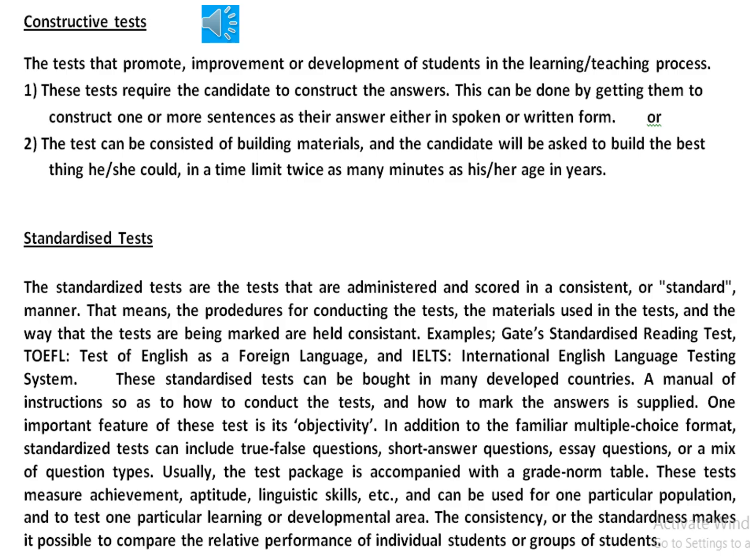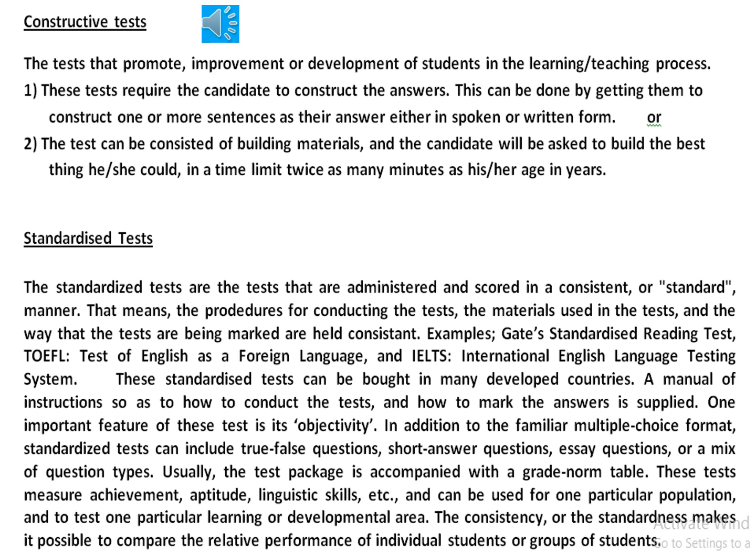You can have standard tests for achievement, aptitude, and linguistic standard tests, and they can be used for one particular population and to test one particular learning or developmental area. One particular group of students, or one particular learning area, or one particular developmental age group.